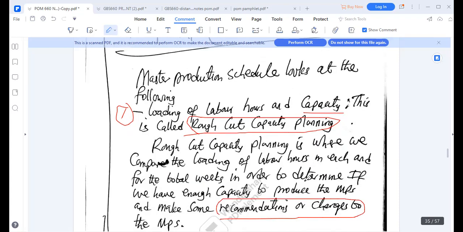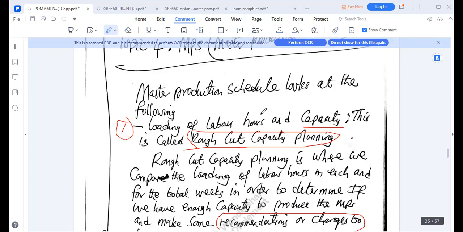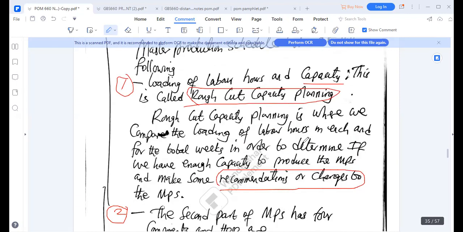All right, so the first part of the master schedule, we compare the loading of labor hours, which is called the rough cut capacity planning. We compare the loading of labor hours with capacity in each week and for the total weeks in order to determine if we have enough capacity to produce the master schedule and then make some changes or recommendations to the master schedule. All right, then we get down to the other one, the second part of this master schedule.